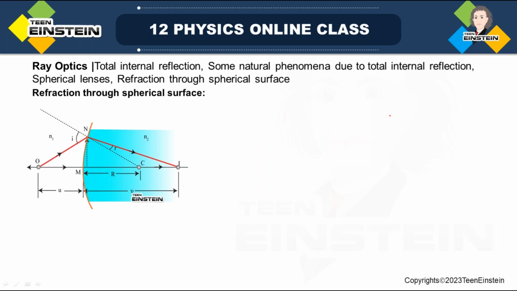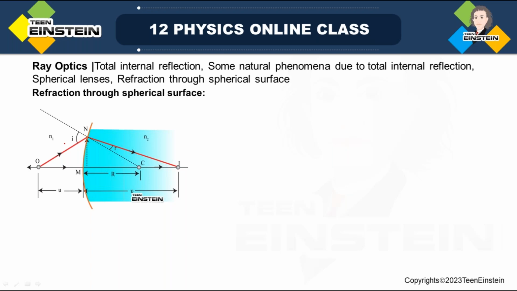Sometimes it may be virtual, it may be real. So different cases may come. What we'll do today, we'll take an object in the rarer medium and see the image of that object in the denser medium.